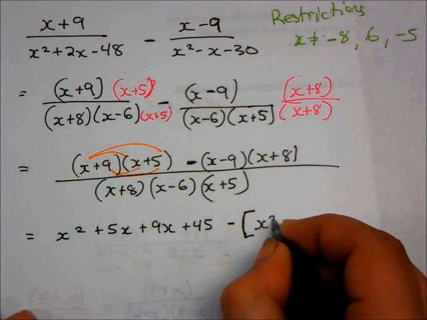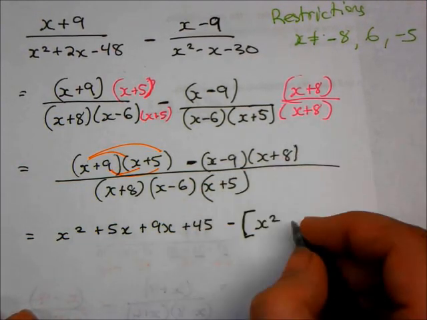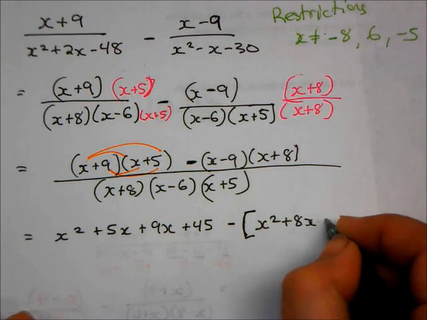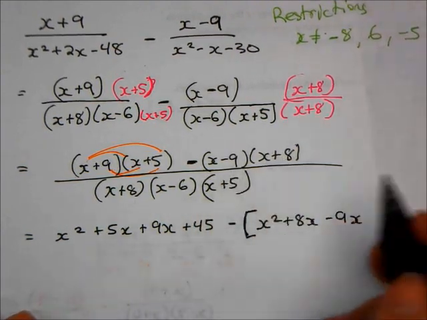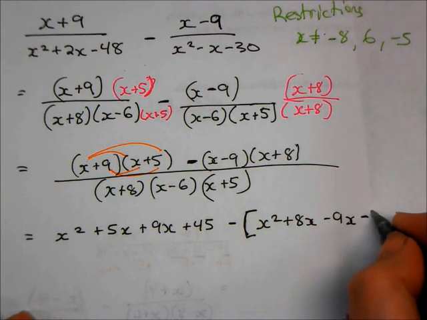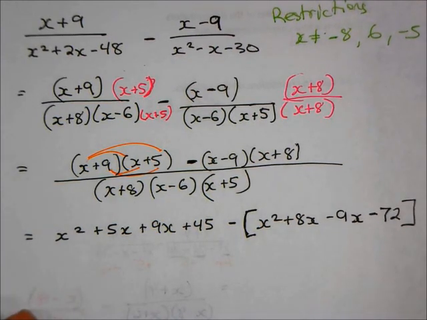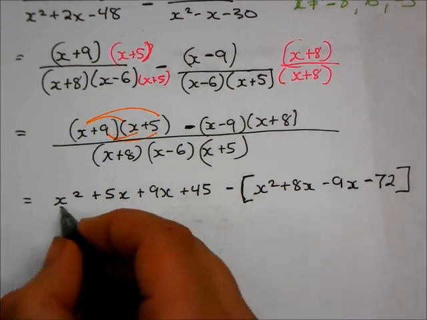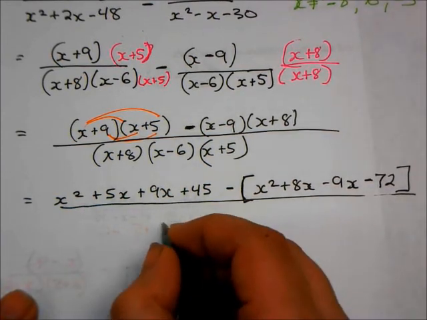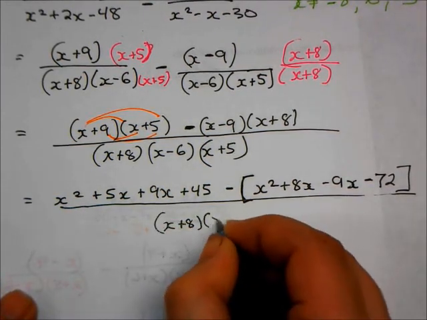x squared plus 8x minus 9x minus 72, still all over x plus 8, x minus 6.